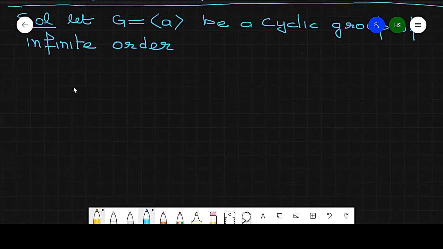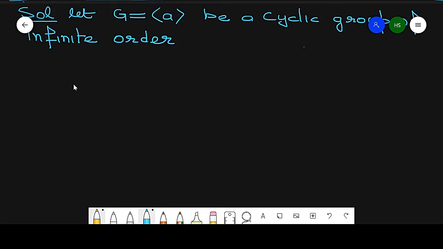So what is the element of G? The element of G is of the kind a raised to power n, and n belongs to the set of integers.